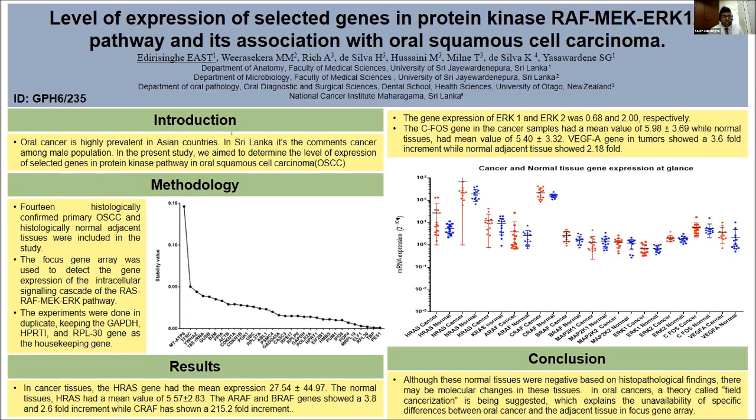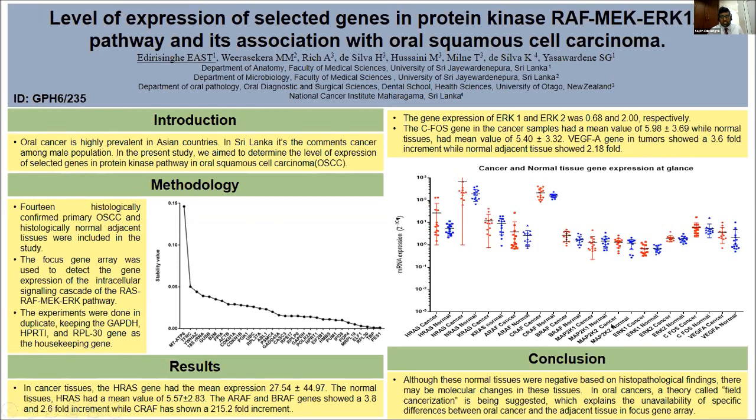From that study, as you can see in this chart, the stability values, we have selected GAPDH, HPRT1 and RPL30 as reference genes. So we selected these three reference genes, and then we ran the proper real-time PCR with them.